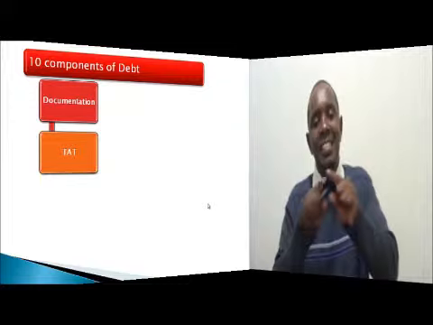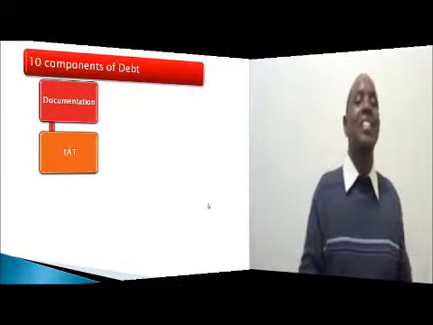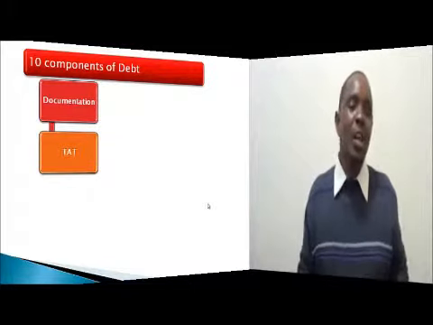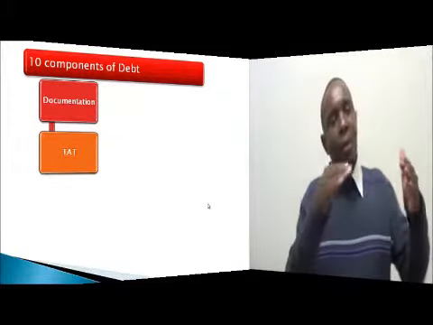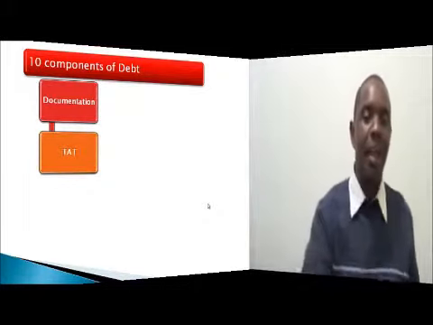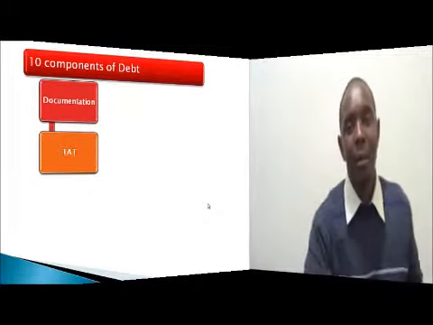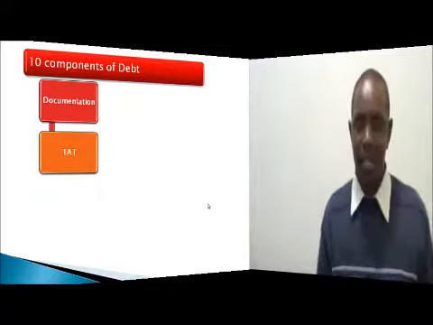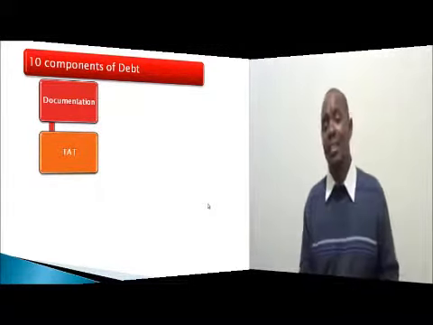Then there is the TAT, which stands for the turnaround time. That is, you need to know from the time of application of the loan to the time the loan amount is credited to your account, or the disbursement, how long it will take.